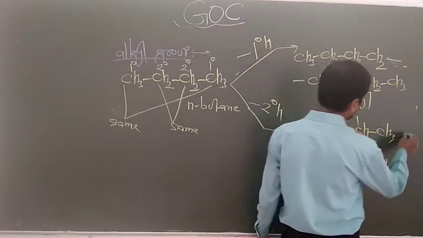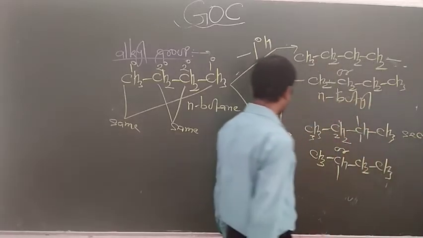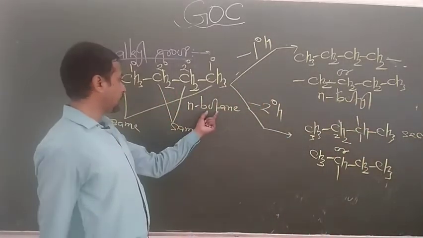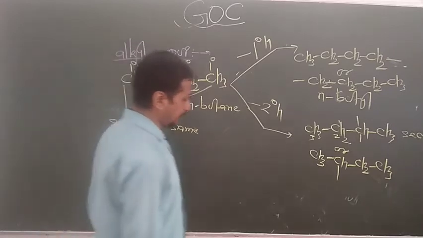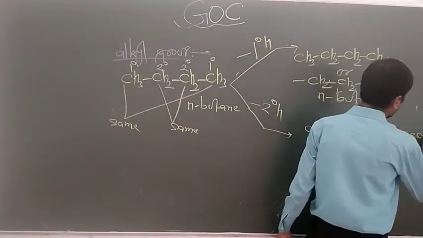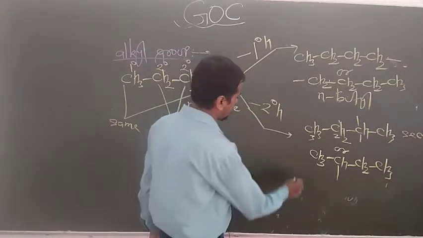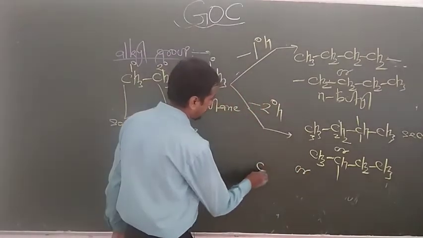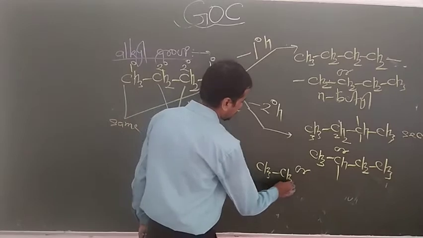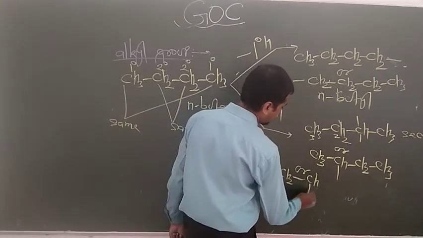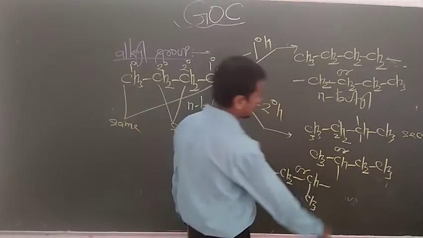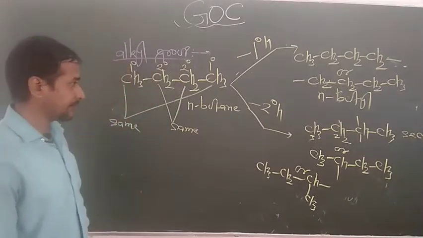So that's why this is known as secondary. Now the name of this group came from butane. So now this is known as secondary butyl. Both are the same. This can also be written like this: CH3, CH2, CH, CH3 and one bond is free like this.